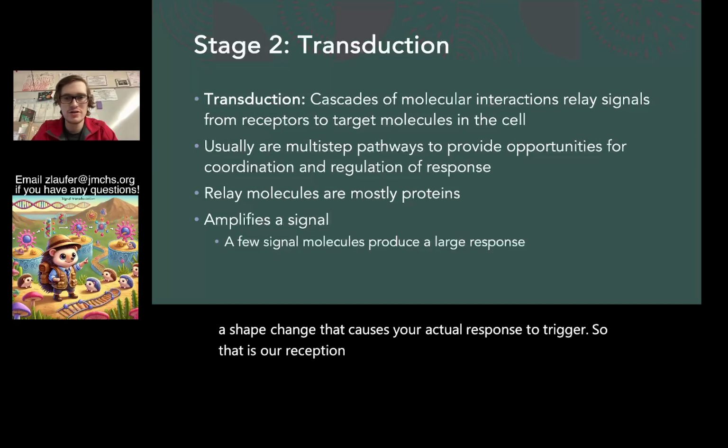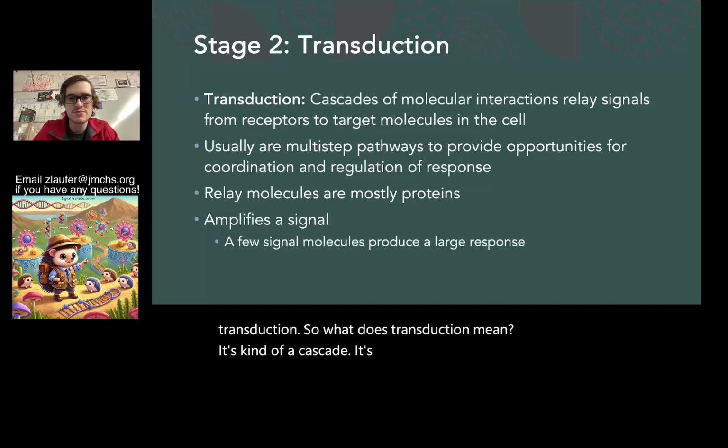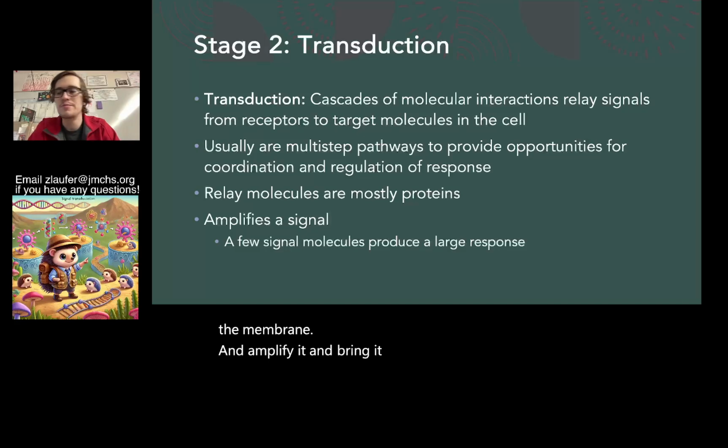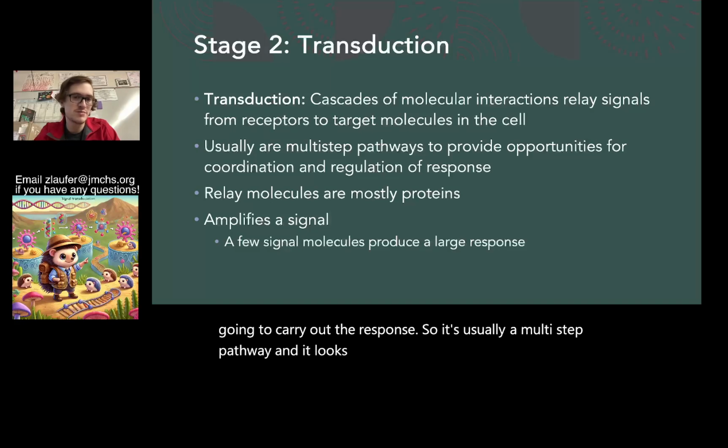Let's get into stage 2, which is transduction. So what does transduction mean? It's kind of a cascade. It's how we transmit and carry the signal from the membrane, amplify it, and bring it to the areas in the cell that are actually going to carry out the response. So it's usually a multi-step pathway, and it looks very complicated when you see them.